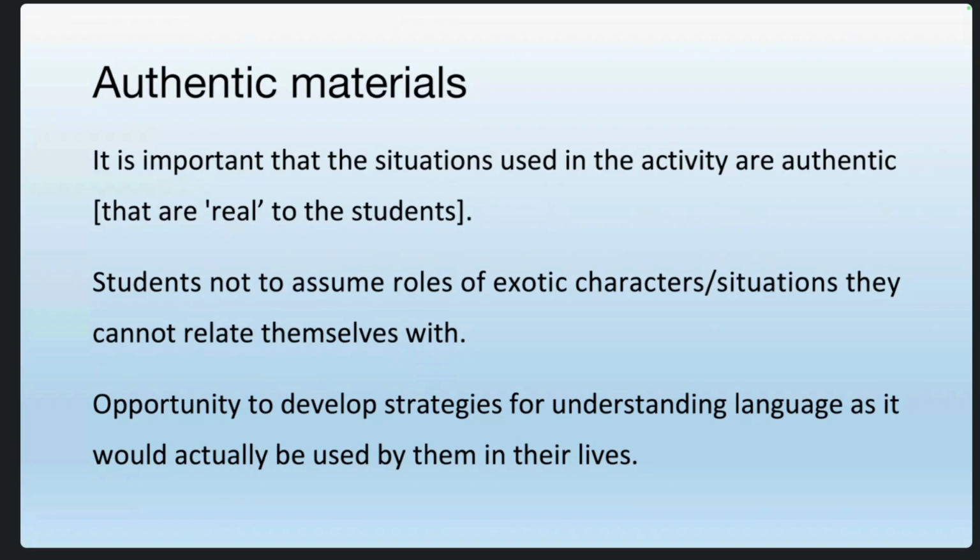Also, the material that we use. Another dimension of authentic material is that a textbook with fixed conversation, etc. is not authentic. The example I gave, the kind of material my friend developed for his class with fixed utterances, sentences, is not authentic. That's a very good example of unauthentic material.